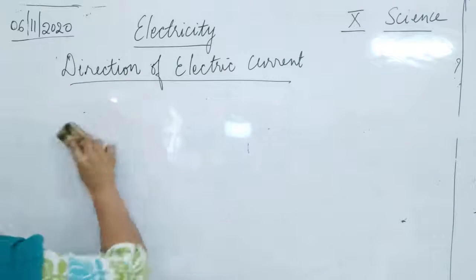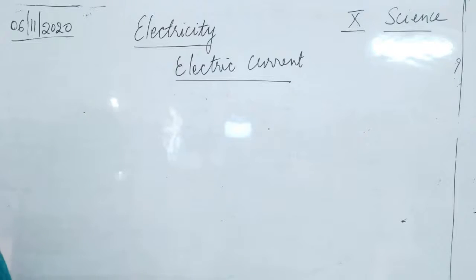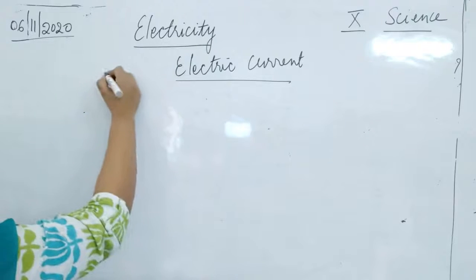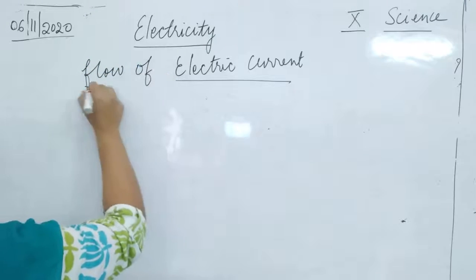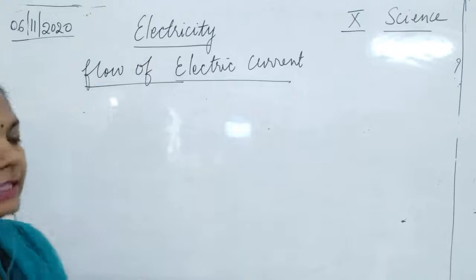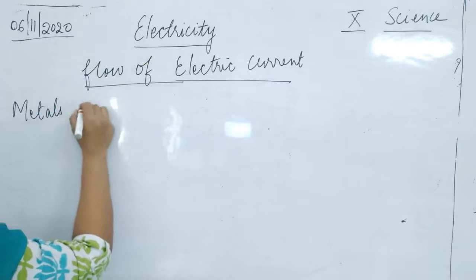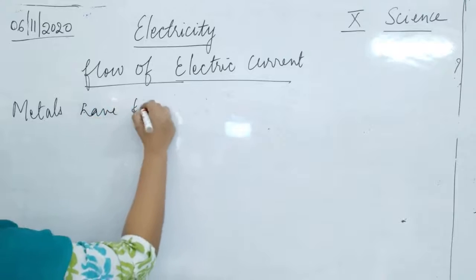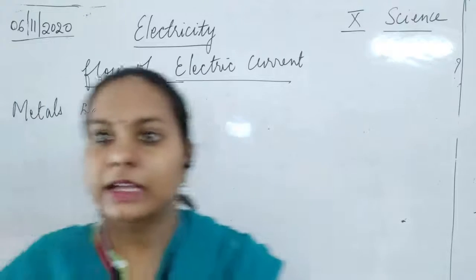So why is the current flowing? What is the reason of electric current? Flow of electric current. Okay, how is it flowing? It is said that metals have free electrons.